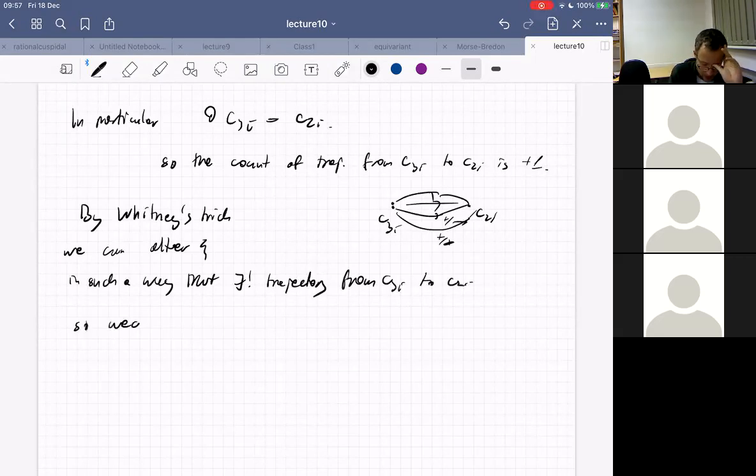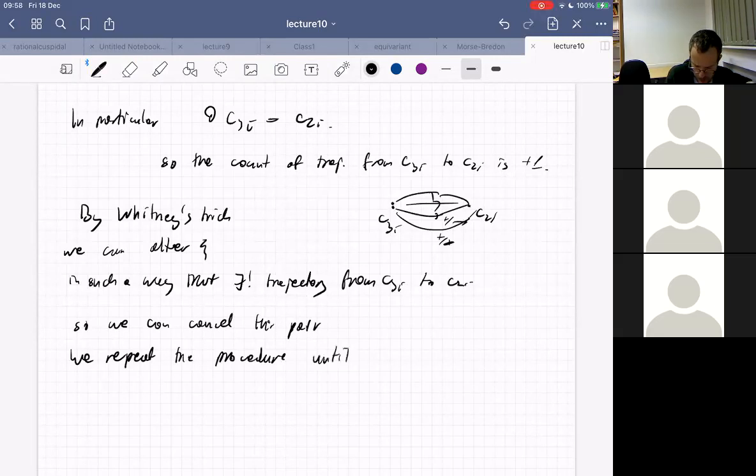So we can cancel this pair without affecting other critical points, and then we move on and on until we have cancelled all critical points of index 2.